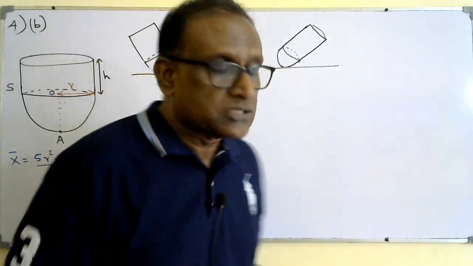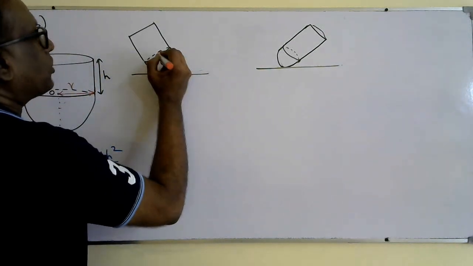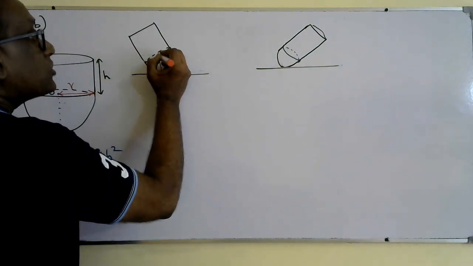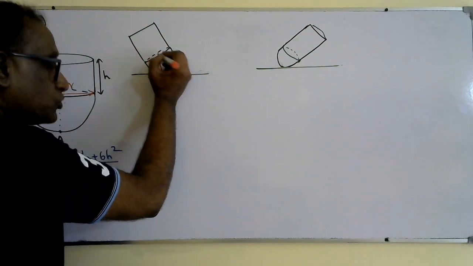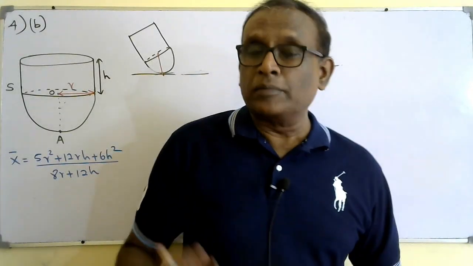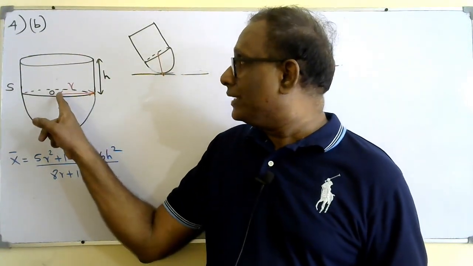Simple geometry. So the line of action of the weight also should pass through the same vertical line of the normal reaction. Means the center of mass of S should be at O.